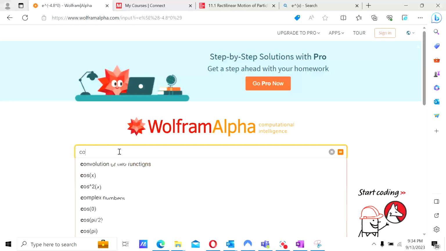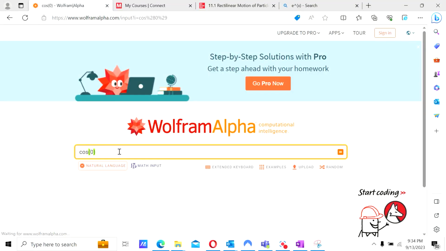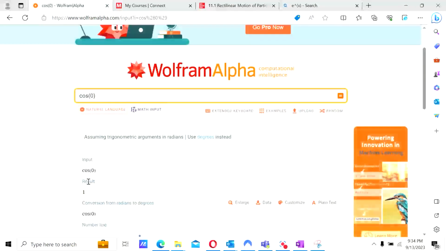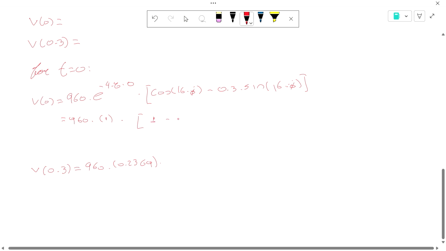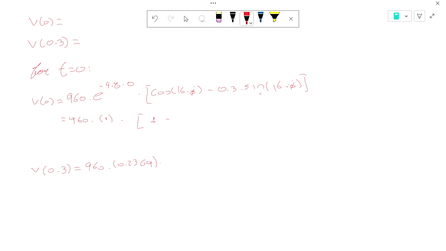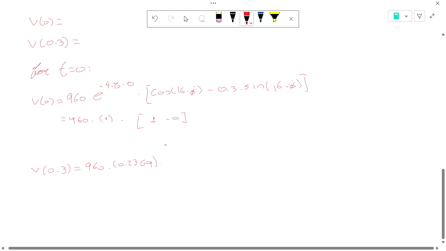You can check cosine of 0 is 1. So we have 1 minus, this one will be 0.